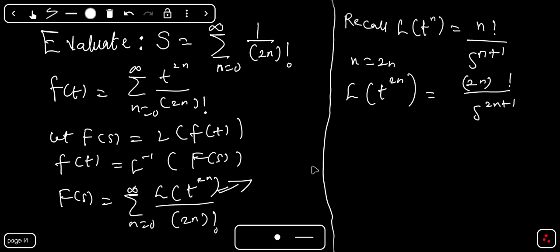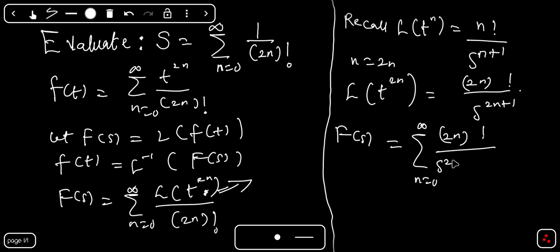So we are going to have F of s is equal to, since we already know the Laplace transform of t raised to the power of 2n, the sum of n from 0 to infinity of 2n factorial over s raised to the power of 2n plus 1, multiplied by 1 over 2n factorial.